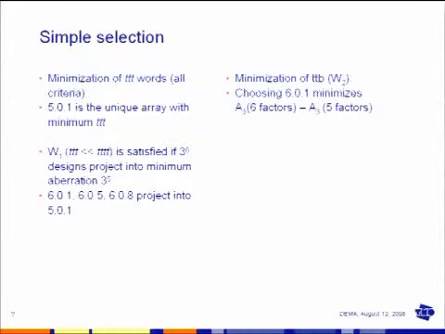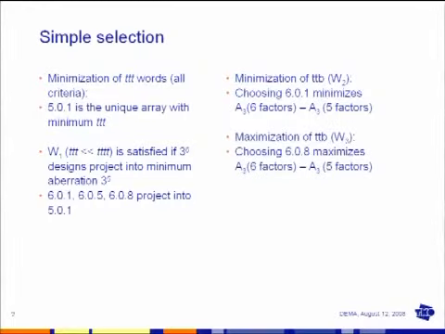So if we choose that design, you minimize the confounding of two-factor interaction components with the blocks. If you want to maximize the TTB words, you should choose the six-factor design with the highest rank, so the worst six-factor design, to achieve this.